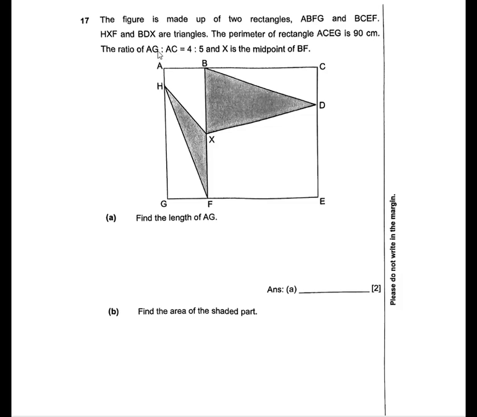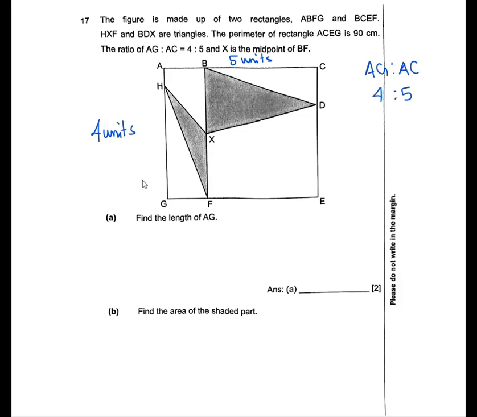The ratio of AG to AC is 4 is to 5. Which means this is 4 units and this is 5 units.